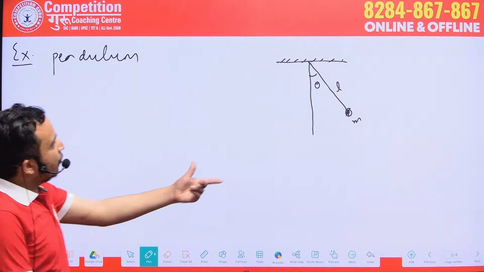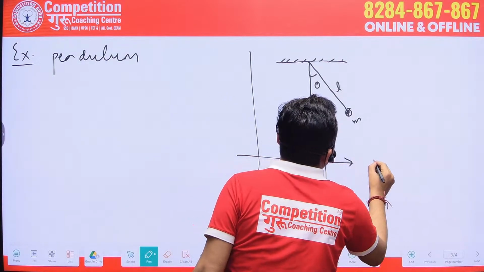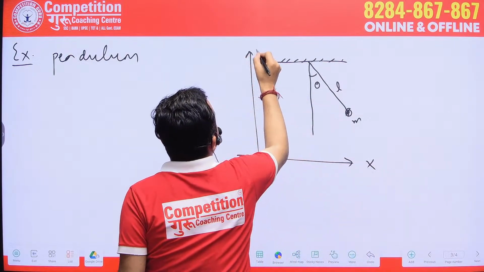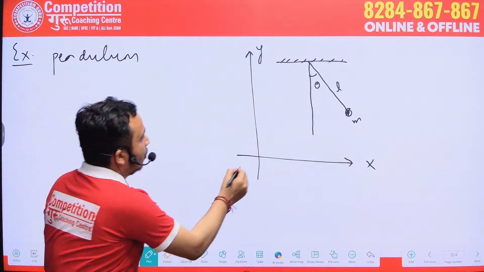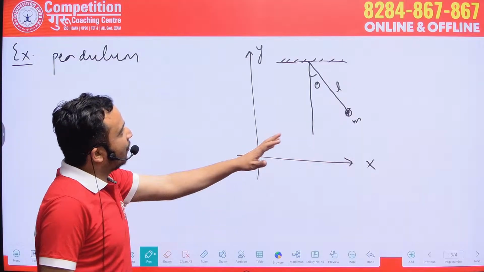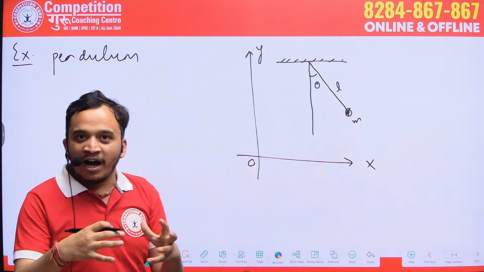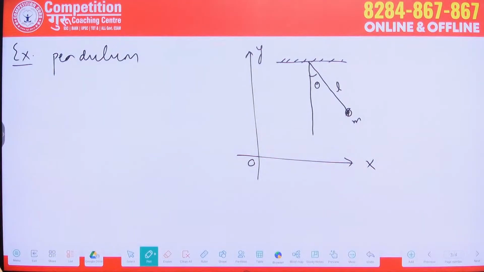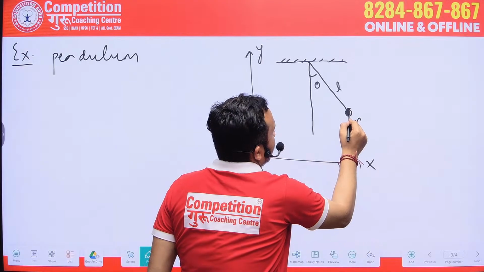Let us suppose these are the coordinate system, x and y, with the origin here, and here is the system, that is a pendulum. So how will I represent the state of this pendulum?